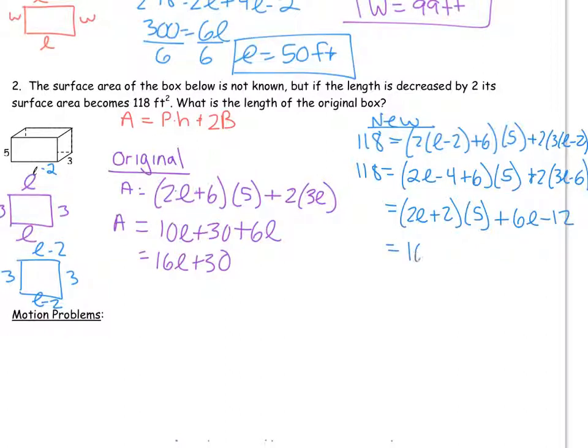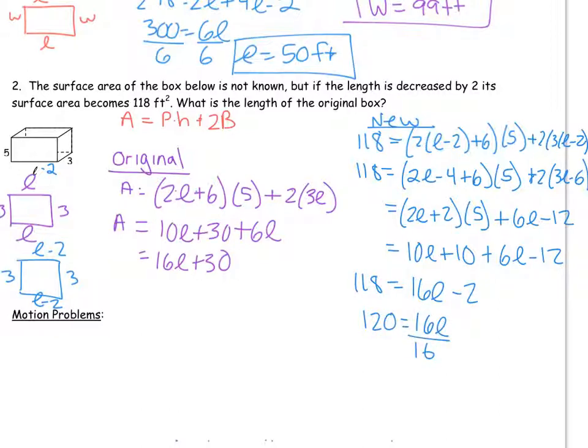So now one more distributing, 10L plus 10 plus 6L minus 12. I've got 16L minus 2 equals 118. I'll add the 2 over, so 120 equals 16L. Divide by 16, and I'm getting that the length is 7.5 feet.